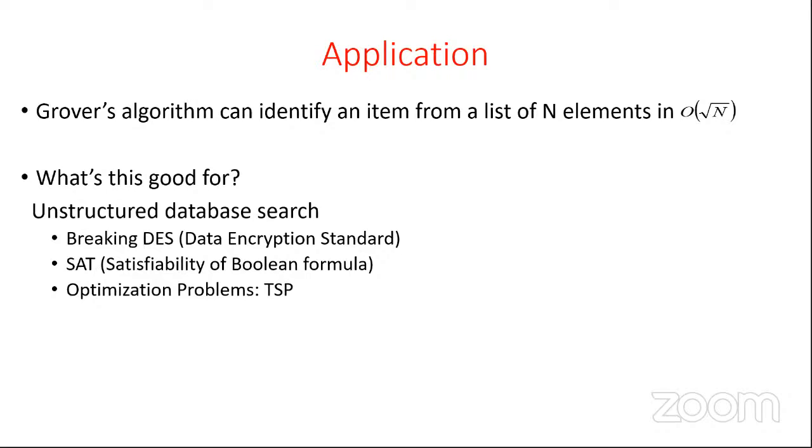We can search that assignment also in order of square root n time. We will see how we can do this. Satisfiability we can do. Traveling salesman problem also we can speed up. Otherwise, in the worst case, we do this in order of n time, and using this we can do it in order of square root n.